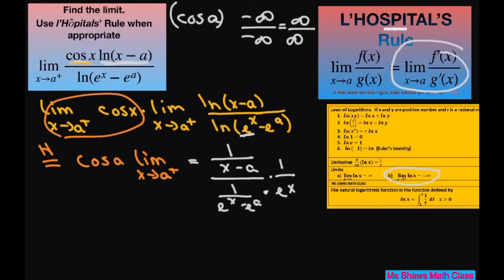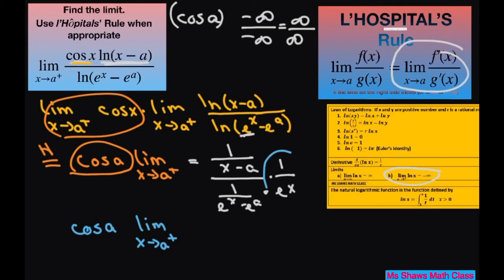All right, now I'm going to write this out as we already have this answer. So we're going to write cosine of a times the limit as x approaches a from the right.